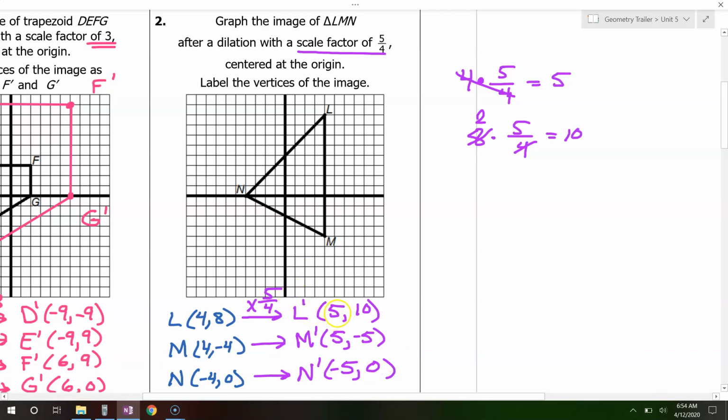So let's plot these points. 5, 10 is going to be right here. There's L prime. 5, -5 is right there. M prime. And then -5, 0. N prime.